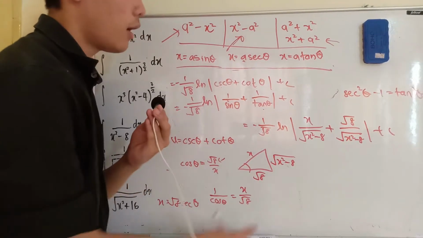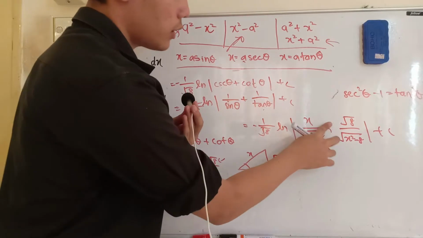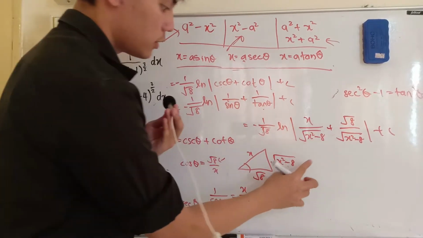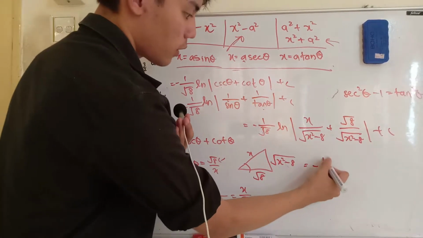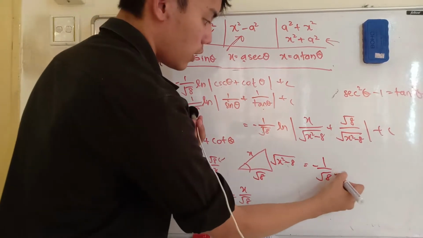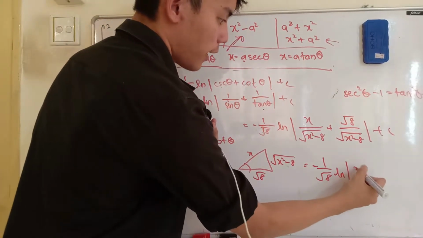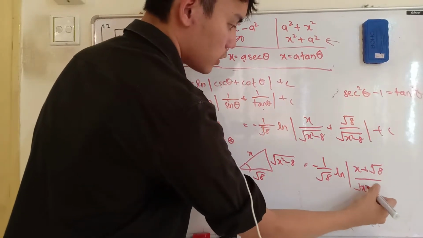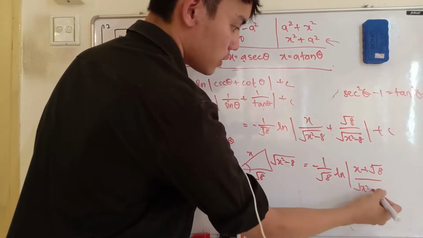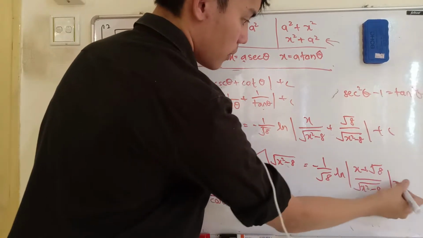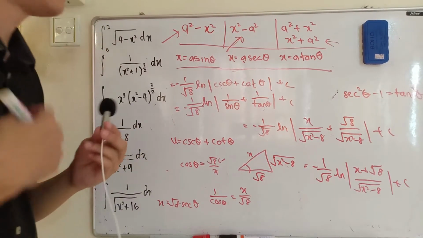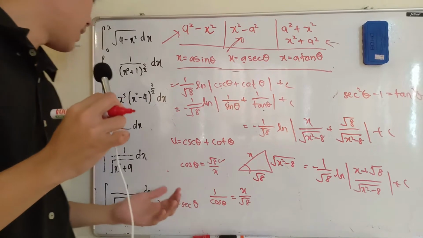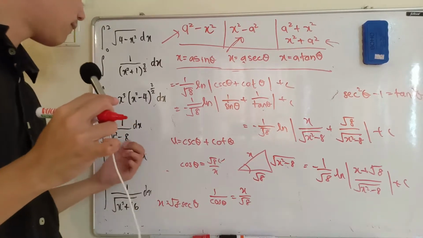That's what you're going to get. Or maybe you can just combine it together. Your last answer is going to be 8 ln of x plus 8 over the square root of x squared minus 8, plus c. So yeah, that's for the fourth question.